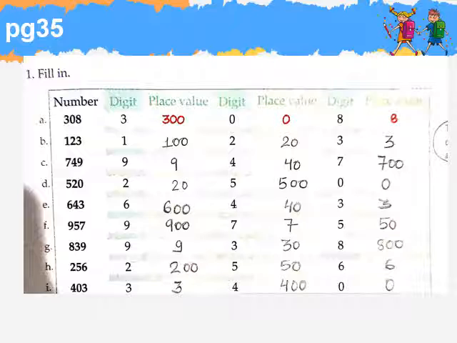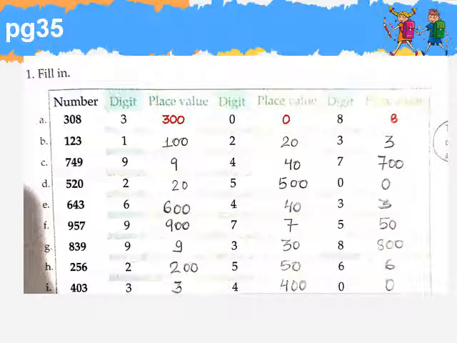Now the next digit is 5. 5 is at hundreds place. So its place value is 500. The next digit is 0. So children, you know that the place value of 0 is always 0.